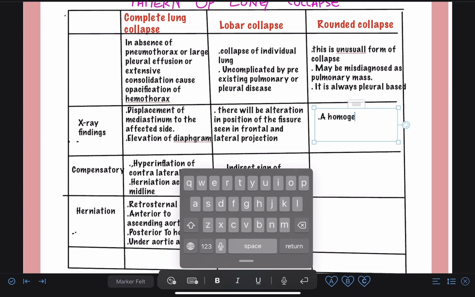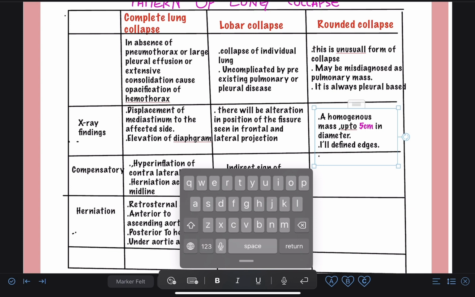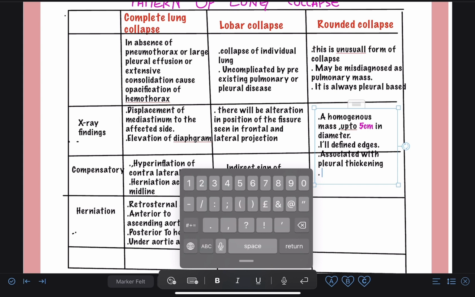On X-ray, the finding is a homogeneous mass up to 5 cm in diameter with ill-defined edges, associated with pleural thickening, and there will be vascular shadowing as a comet tail.